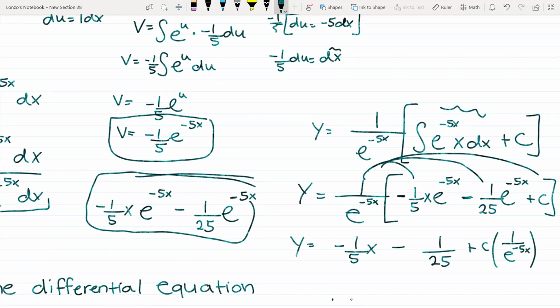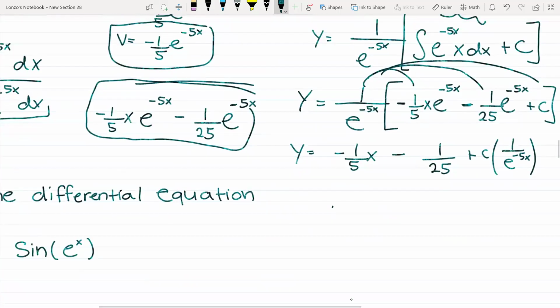Now, can you simplify this e to the negative 5x? Yes, you can. It's like a complex fraction, so you can express this as 1 over, and then e to the negative 5x is 1 over e to the 5x. And then you multiply both sides by e to the 5x.